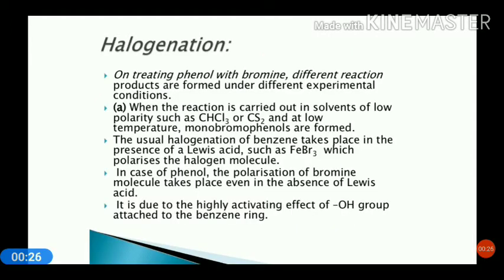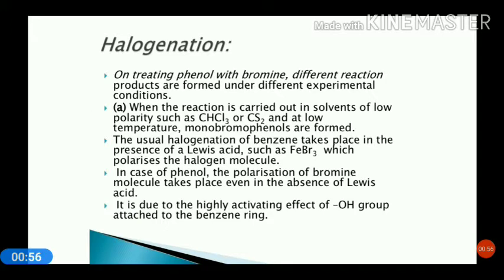Next is the halogenation reaction. On treating phenol with bromine, different reaction products are obtained under different experimental conditions. Please keep this in mind: ortho-para products form under one condition and 2,4,6-substituted products form under different reaction conditions.